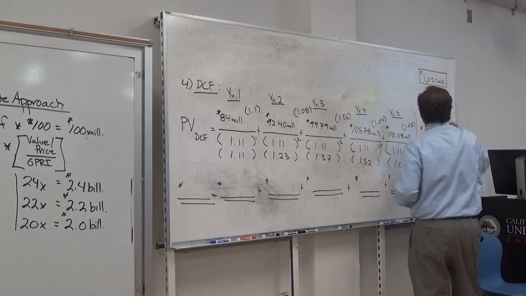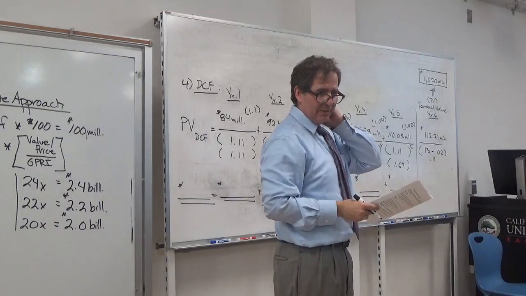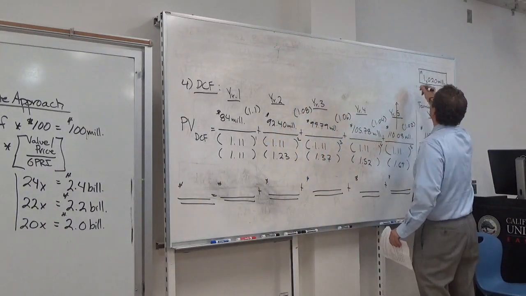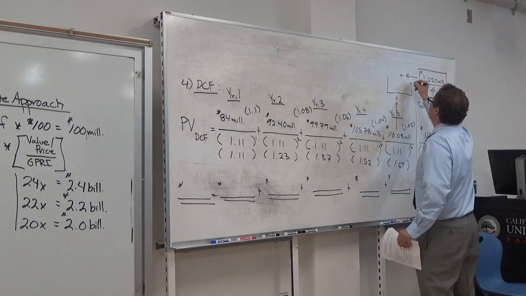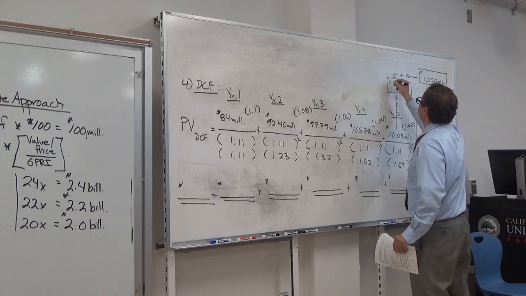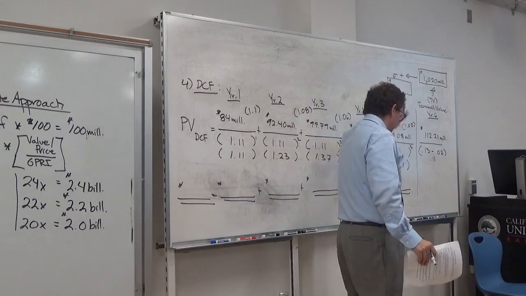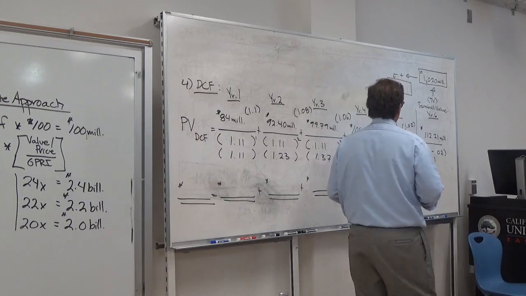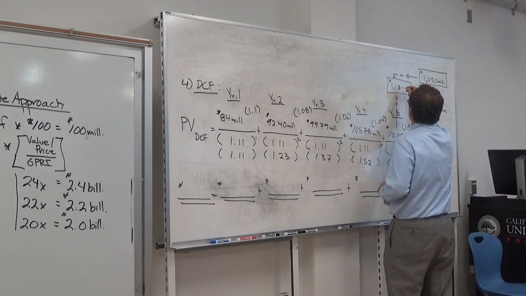What do I do with the terminal value? Add it to the year 5. 110. And what's 1,020 million plus 110 million? What is it? 1,130.